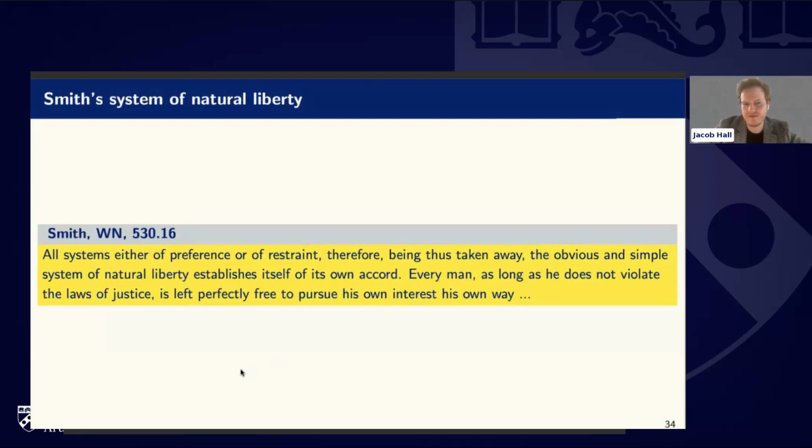Every man, as long as he does not violate the laws of justice, is left perfectly free to pursue his own way. So after we get rid of all of these mercantilist interventions in the domestic and foreign trade, the system of natural liberty establishes itself, and the invisible hand works, right? That's the core idea.